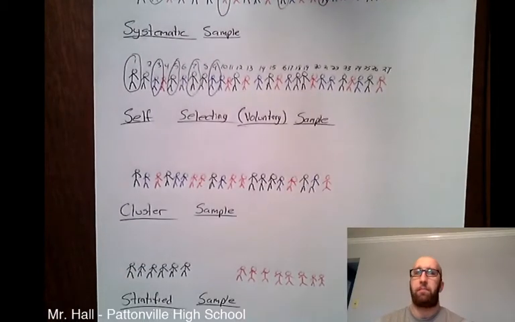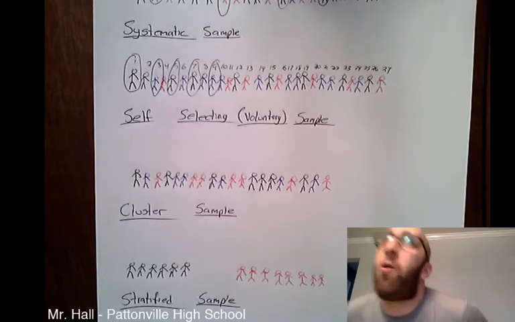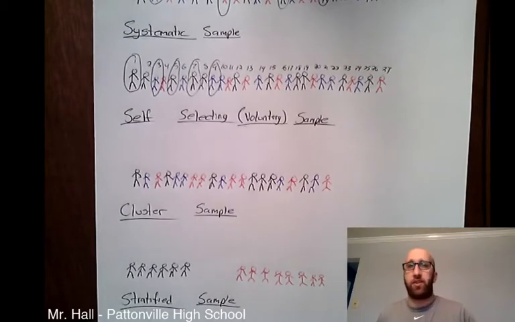Another sampling method is a self-selecting sample. You'll also hear me or other people describe this as a voluntary sample. The way this works is you have your population and you basically ask, who wants to be in my sample? I don't really decide who's in it. The population controls whether they want to participate or not.